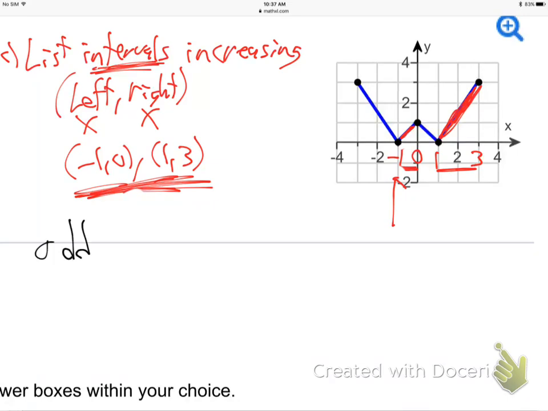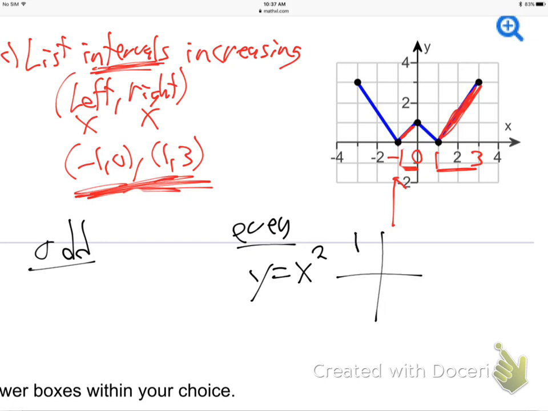Odd, let me give you a hint. Well, let me start with even. The word even comes from even powers. What does y equals x squared look like? What's a graph of y equals x squared? You all aware it's a U shape? It's a parabola. What kind of symmetry does it have?